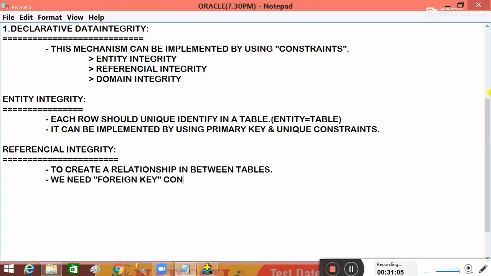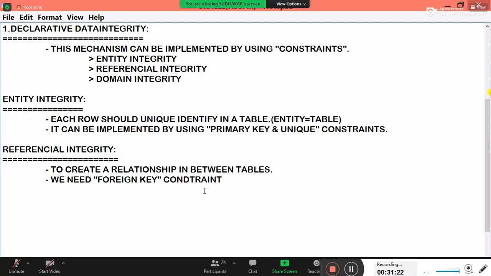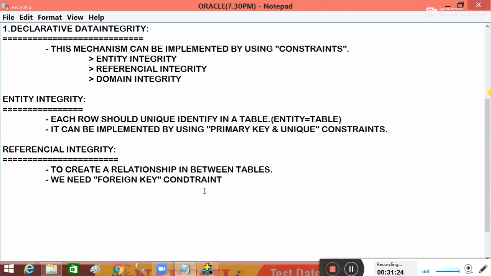The foreign key constraint is especially used for making a relationship. So referential integrity is nothing but creating relationships between tables, and for that purpose, we require a foreign key.